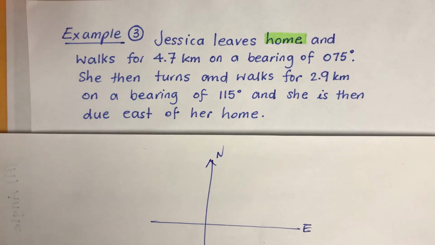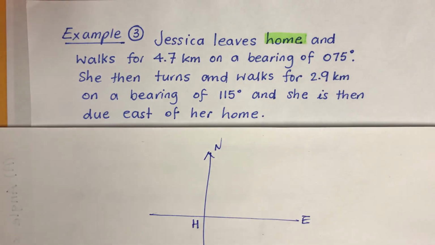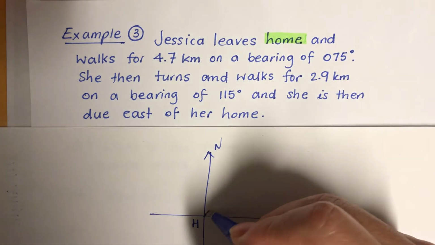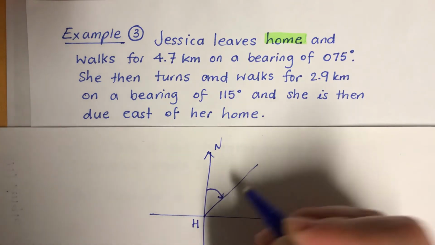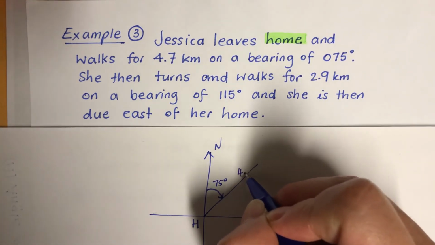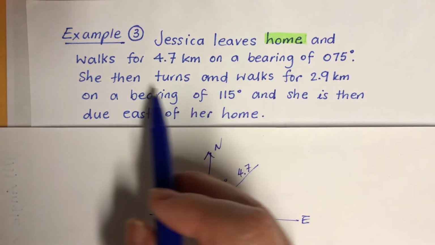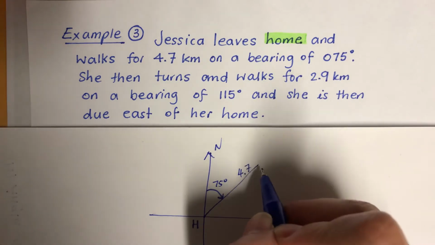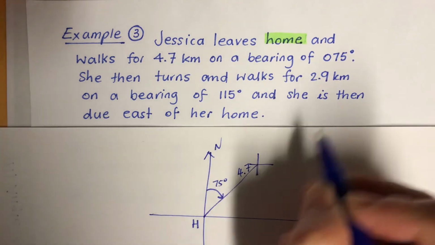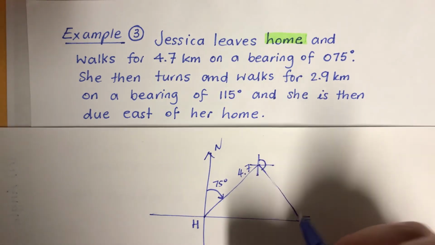Okay, Jessica leaves home, so my starting point is home, and walks for 4.7 on a bearing of 75, and that's 4.7, and then she turns and walks for 2.9, so on a bearing of 115, so it's about there.